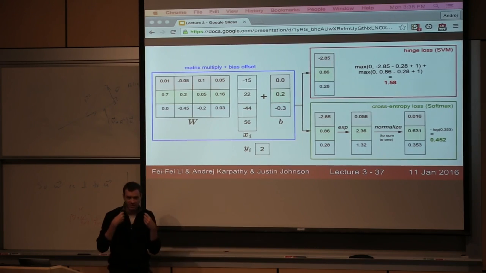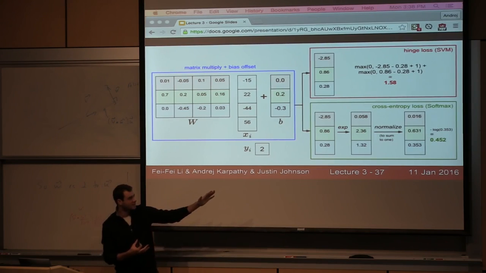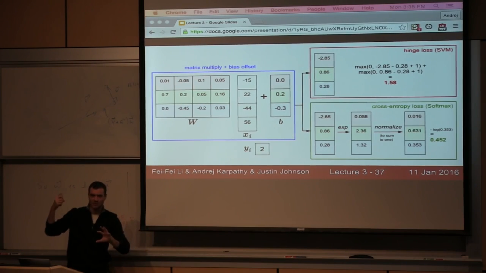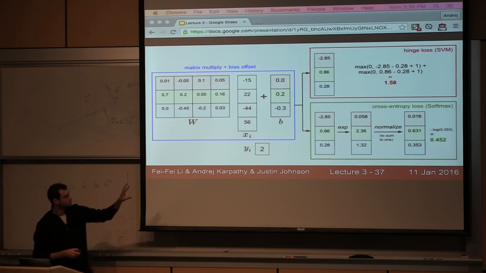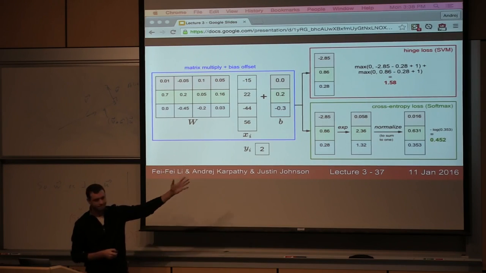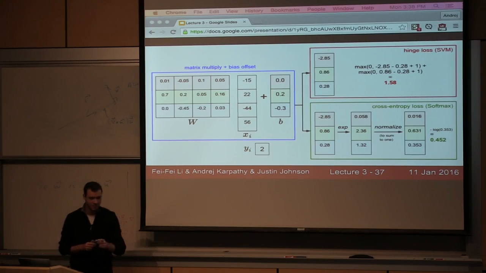Or we interpret them as unnormalized log probabilities, and in this framework we first get the probabilities and then maximize the probability of the correct classes, or the log of them. That gives us the loss function for softmax. So they start off the same way, but get a slightly different result. We'll go into exactly what the differences are in a bit. Are there questions for now?